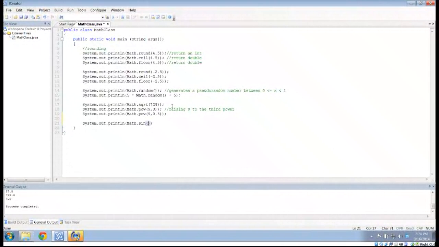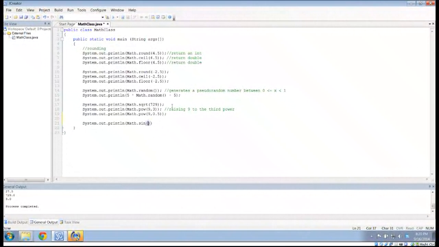Let's say pi over 2. So remember in our previous videos, whenever we dealt with constants, our constants tend to be capitalized.